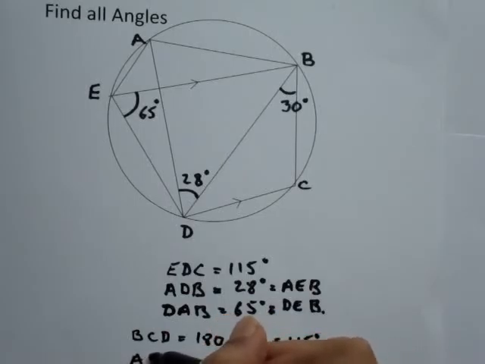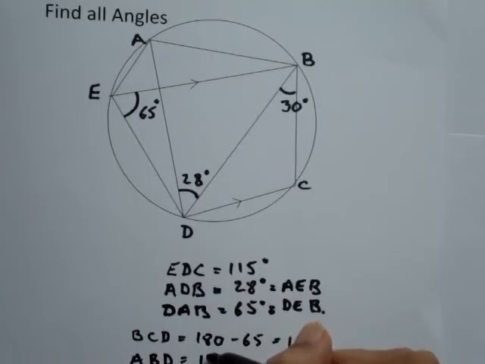Angle ABD will be 180 minus 65 plus 28, and that will be 87 degrees. And just see if you can find the rest of the angles using the fact that all the angles in a triangle add up to 180 degrees.